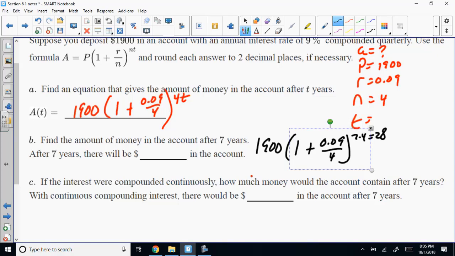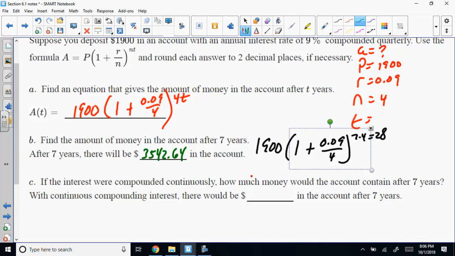So we'll do 0.09 divided by 4 plus 1 raised to the 28th power times 1,900. Whoo, I got 3542. That's awful big, but yeah, 3542.64. You agree? Yeah, regular chug and plug.